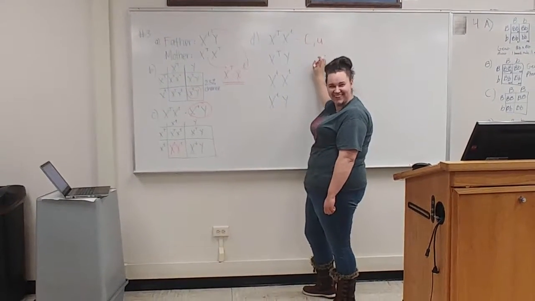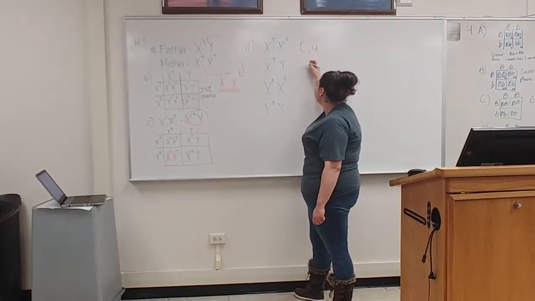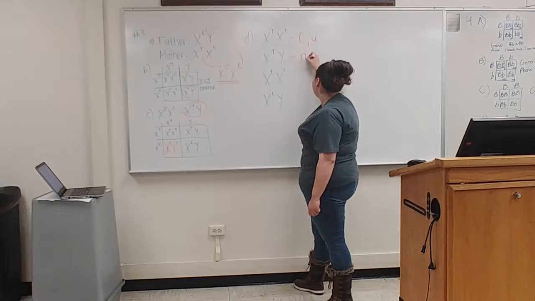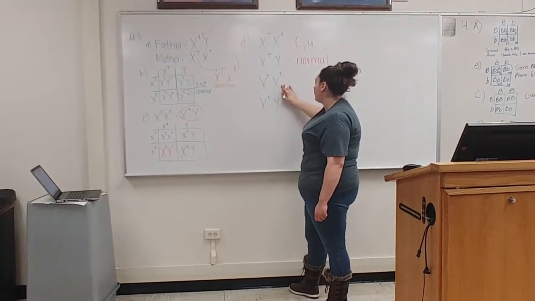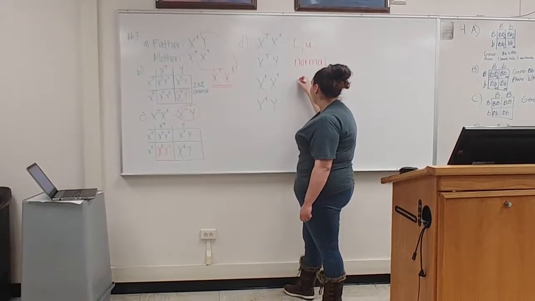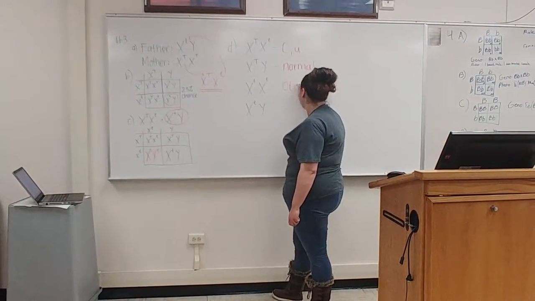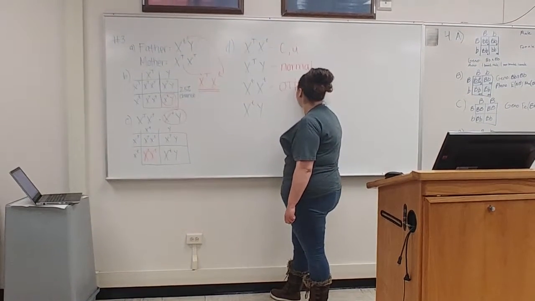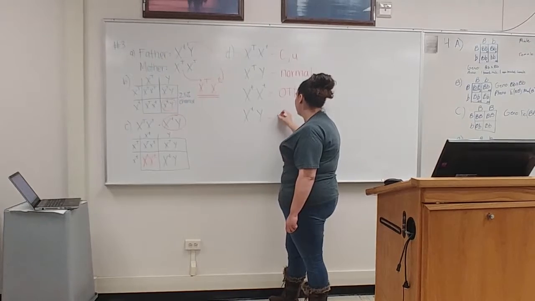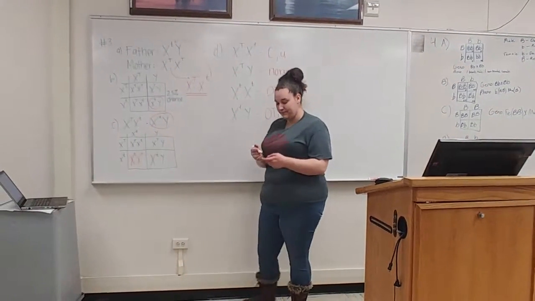For the son, he is going to be just normal. For the girl, that's going to be, again, the one that is a carrier and actually has OTD. And then the next son is also going to have OTD. So that's number 3.